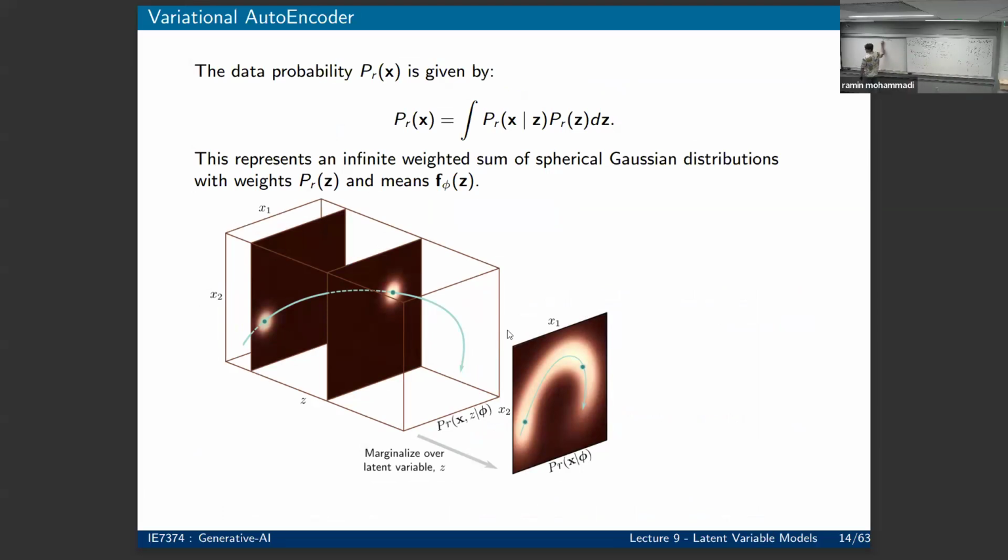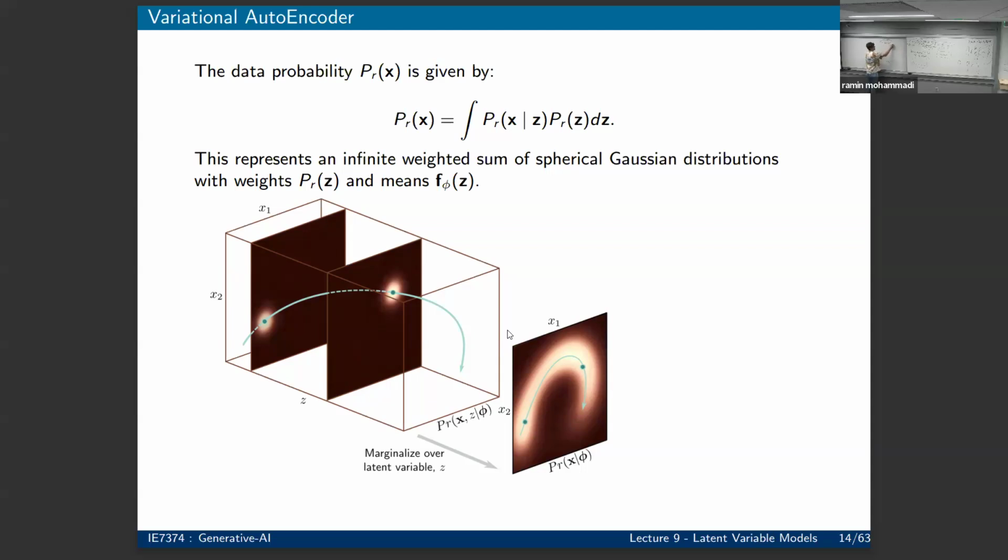Let's say I want to find the likelihood, the marginal of X. What do I need to do? I need to sample from Z one time. After I sample this Z, I can find the probability of X given whatever sample Z I have.